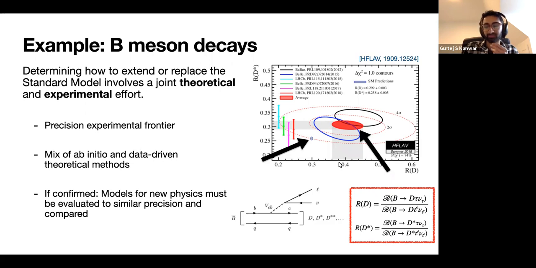So just to cut through all the mess of this plot, essentially there's a small standard model prediction here on this two-dimensional plane of observables, and the experimental average as of summer 2018 at least lived about 3 to 4 sigma away from it.